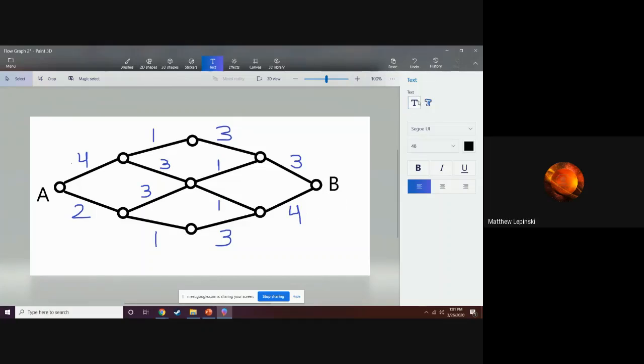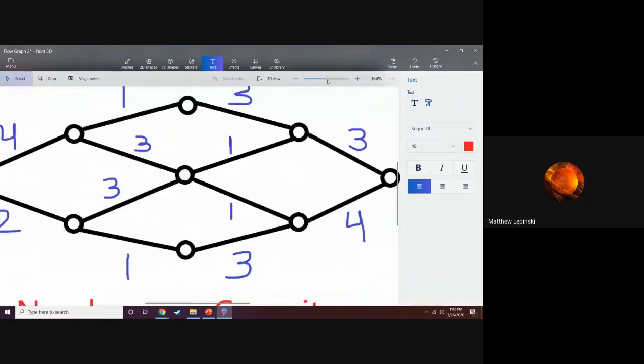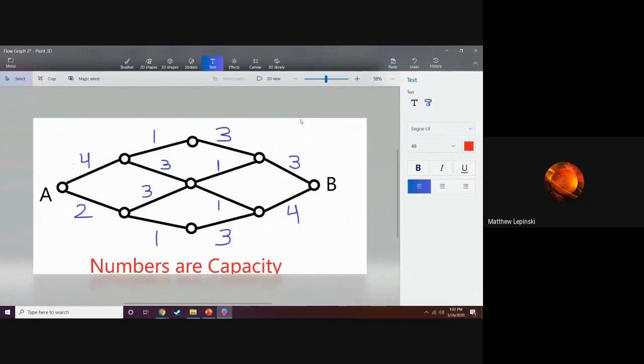And so the key with max flow is that the numbers for max flow are capacity. So these numbers represent the capacity.